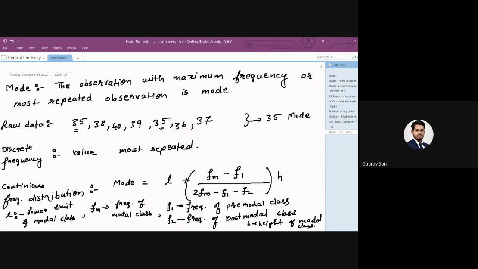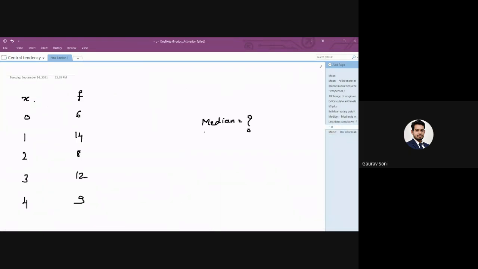We need to solve one example actually, and I also gave you homework. Please see to this later. First, how will you define median for this discrete frequency distribution? How can you find out the median? Also, I need you to think graphically: how can you find median graphically?